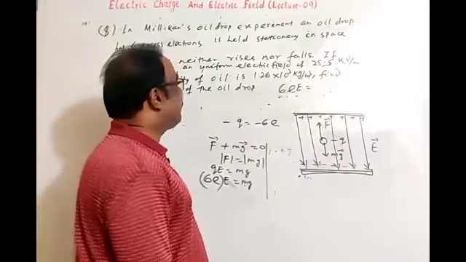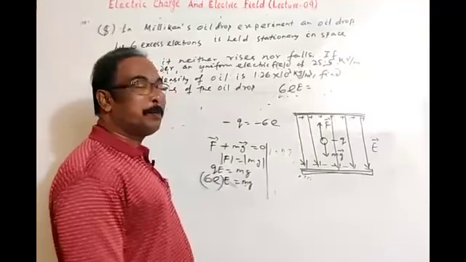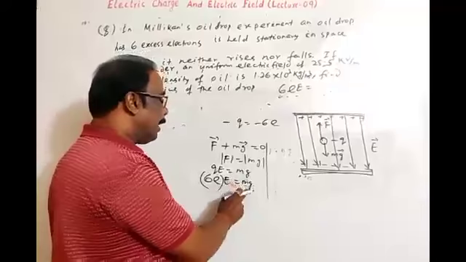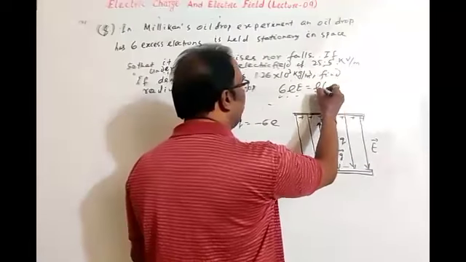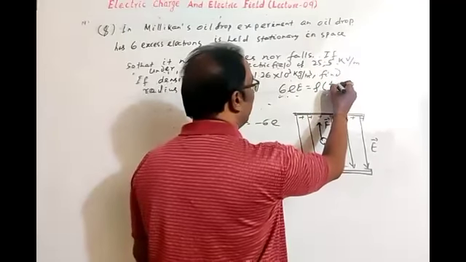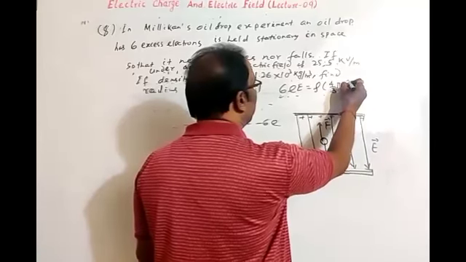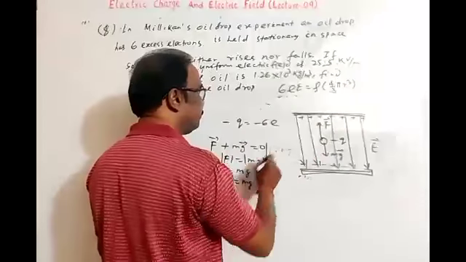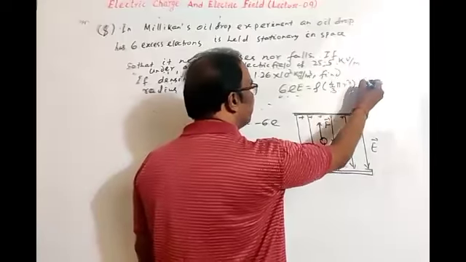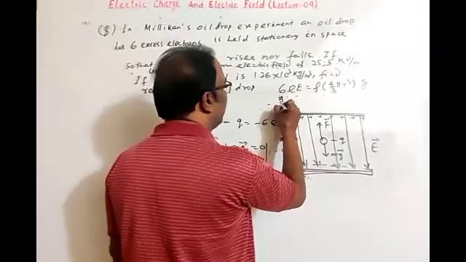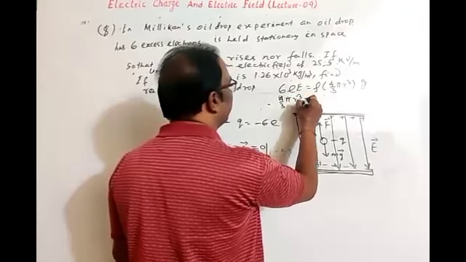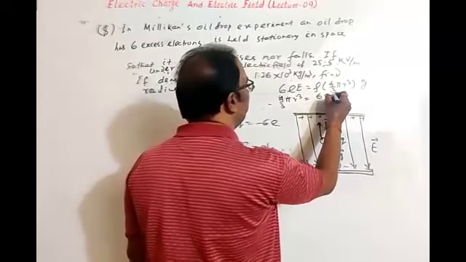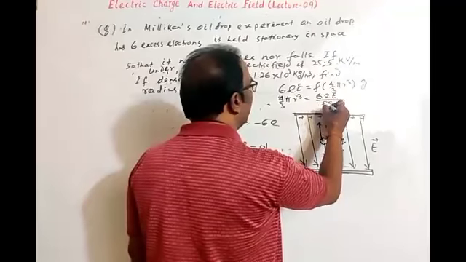Since density of the oil drop is given and radius is asked, mass is density into volume. Volume of a spherical oil drop is 4 by 3 pi r cube, so 4 by 3 pi r cube is equal to 6eE divided by rho g.